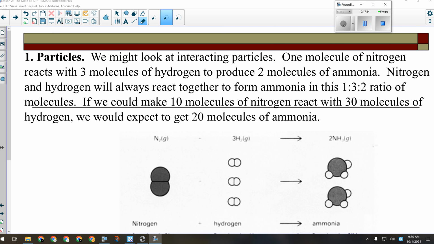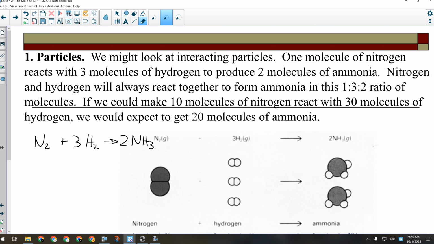Okay, something we need to understand about the mole is that it's also part of balancing reactions. We could look at a reaction like this one here, where we have N2 plus 3 H2 gives 2 NH3s.